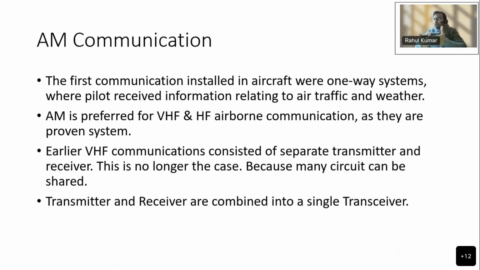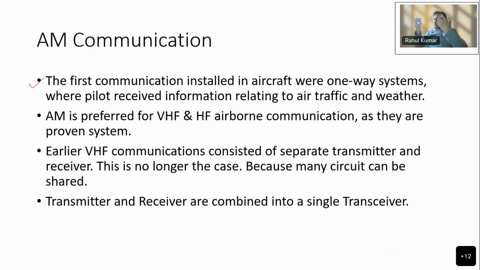Now, let us discuss the AM communication system, that is, amplitude modulated communication systems. The first communication systems installed in aircraft were one-way systems, right? That is, the pilot could only receive information.